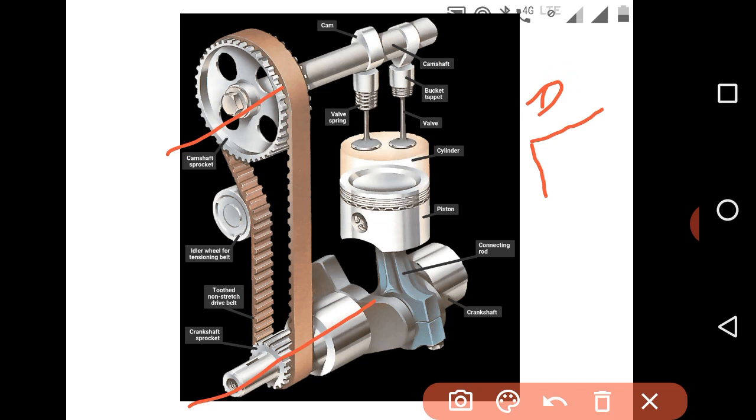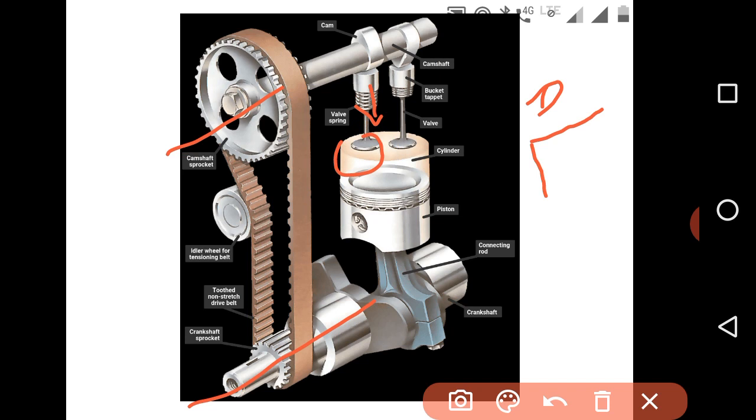Power is transferred to the camshaft, and the camshaft is rotating. Due to the rotation of the camshaft and the design of the cam, for whatever the dwelling period is, the valve will push the spring and open. It will stay open for that dwelling period. Now we relate this dwelling period with the speed of the crankshaft.